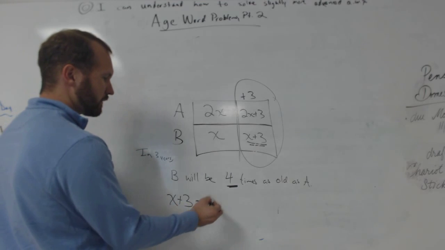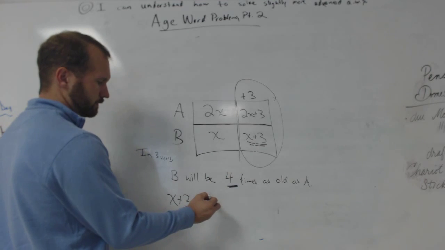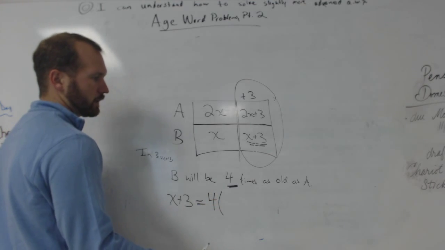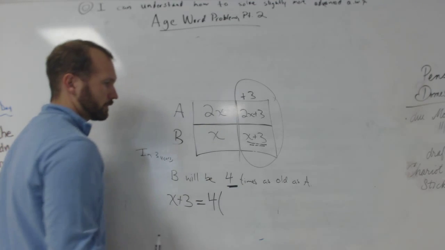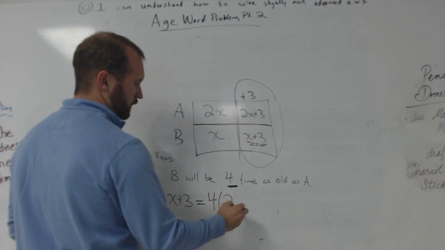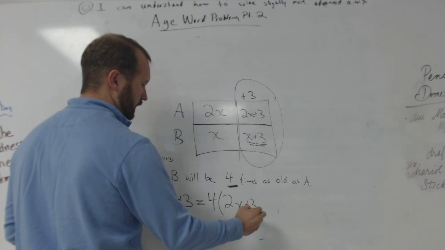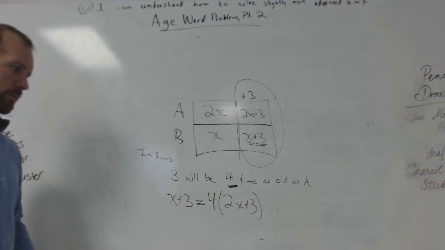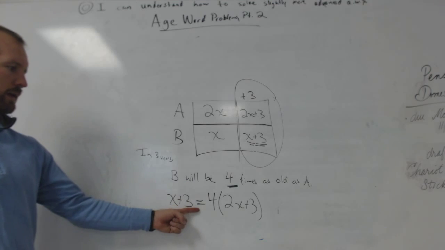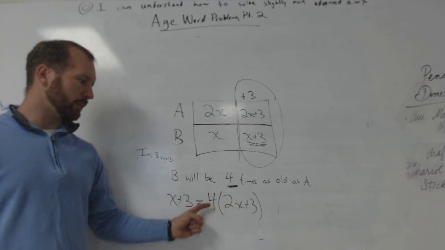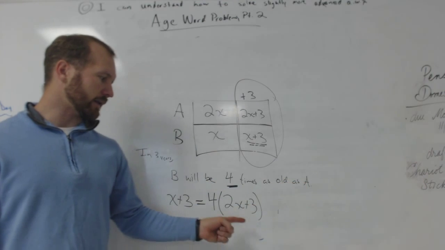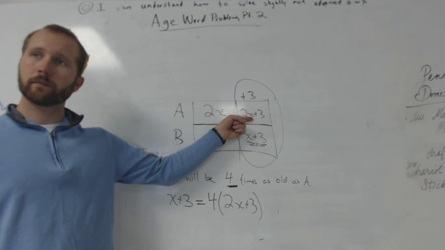Equals. What is 4 times? 4 parentheses. And then what is A? 2x plus 3. So Bonnie, x plus 3, will be equals 4 times, 4 parentheses, as old as Adam, 2x plus 3.